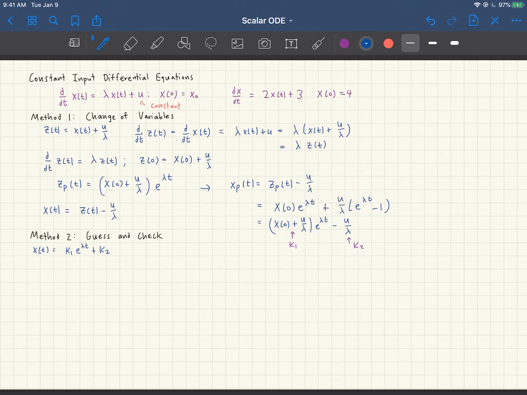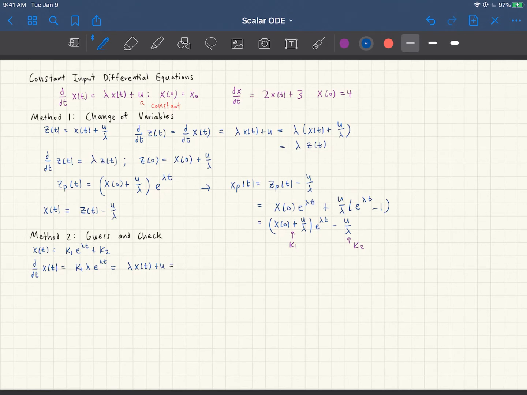With our guess and check method, we now need to take the derivative and see that our guess actually works. So the derivative of x of t will be k1 lambda e to the lambda t, since k2 is a constant, and that's equal to lambda x of t plus u.